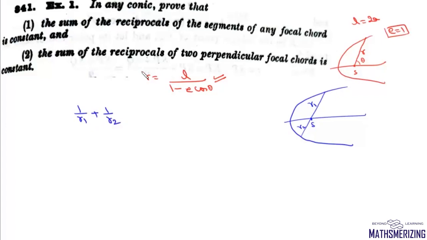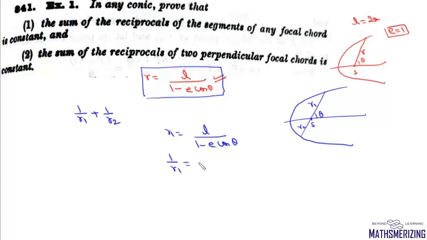We know that the equation of any general conic is r equals L upon 1 minus e cos theta. So if we take this angle as theta, we can write R1 as L upon 1 minus e cos theta, and we can rearrange it as 1 upon R1 equals (1 minus e cos theta) upon L. Now we know that for this point the value of r will be R2 and the angle in this case will be theta plus pi.